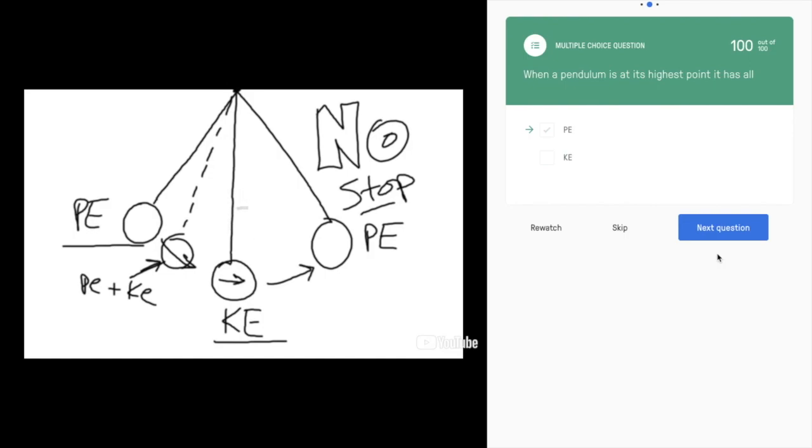When a pendulum is at its highest point, it has all the PE, or the potential energy. Good job. How about the third question? When a pendulum is at its lowest point, it has all the KE, or kinetic energy. Very good. Let us continue the video.